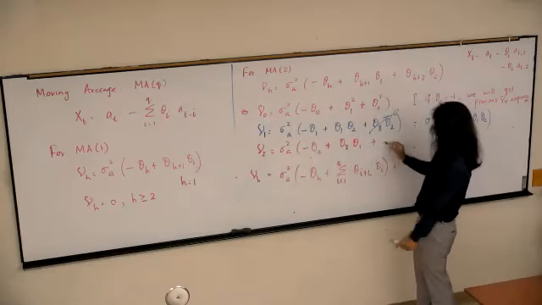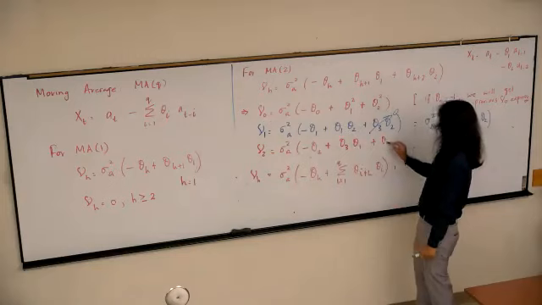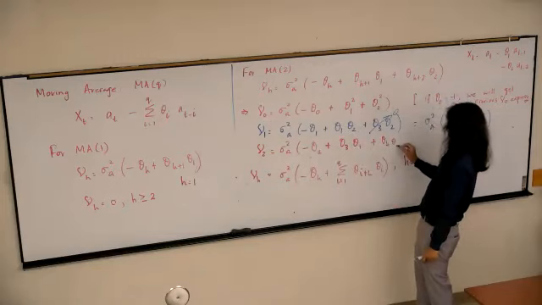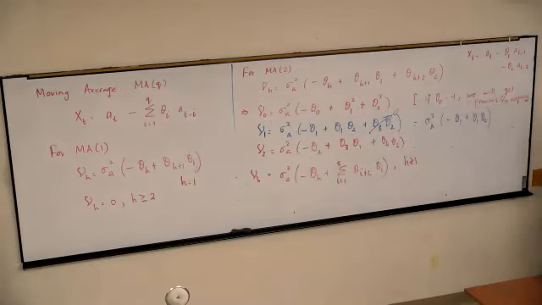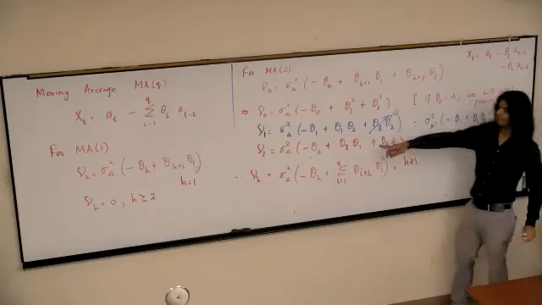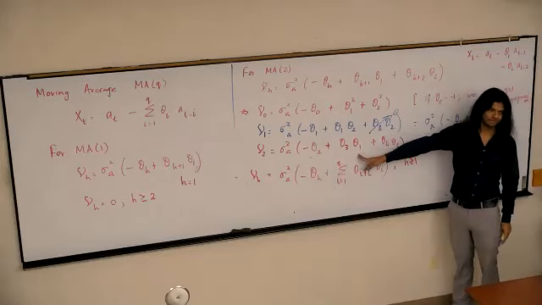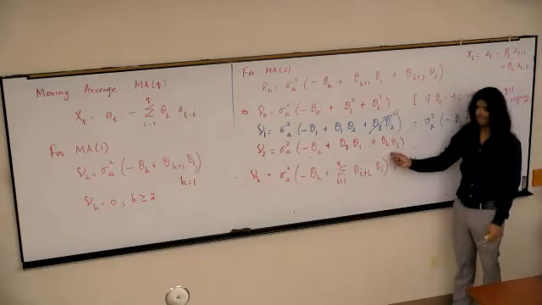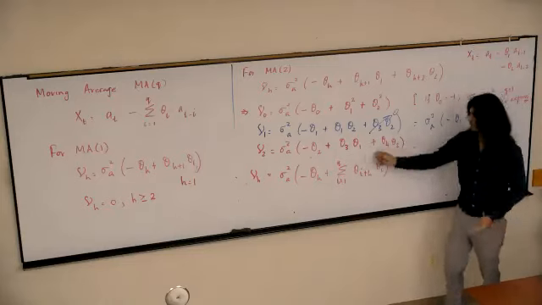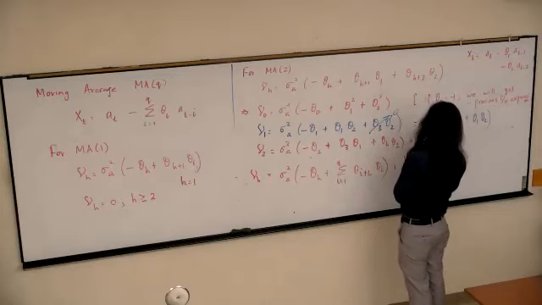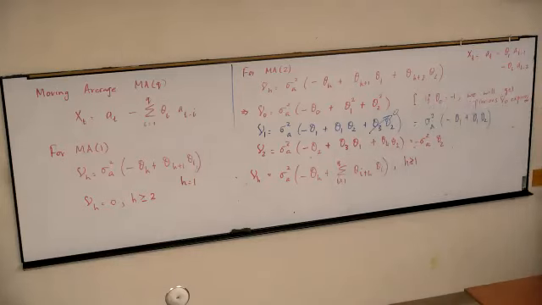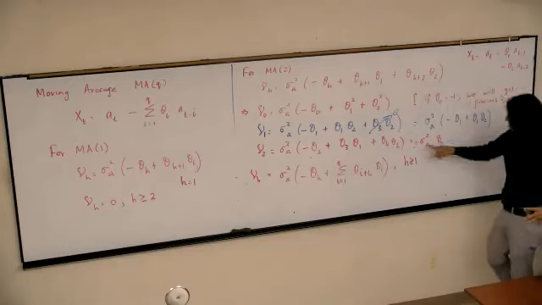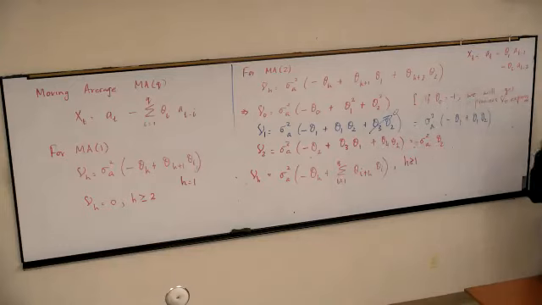When i equals 2, h equals 2, theta 4 times theta 2. What would that be? 0. What would that be? 0. So both of them would go away. We simply have sigma squared a times negative theta 2. If you go back and look at the notes from that side, we have negative theta 2 times sigma squared a.